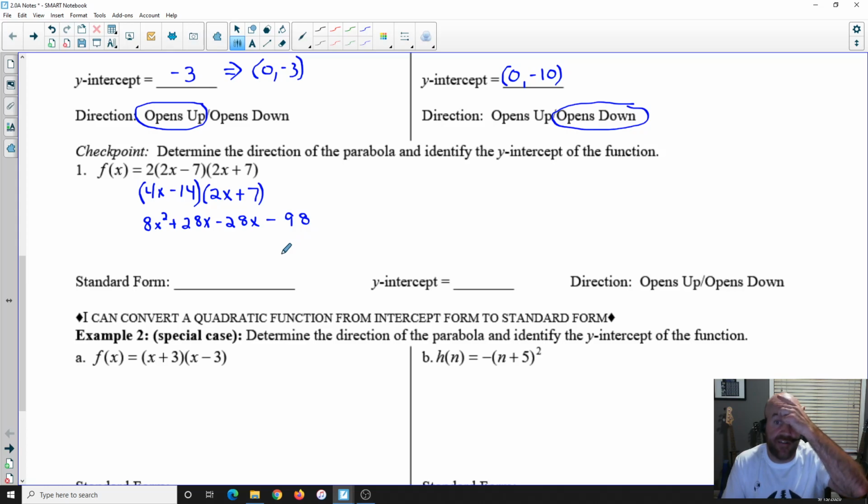Now if we simplify this down into standard form, we have a positive 8x squared. This 28x and negative 28x cancel, and then we have a minus 98. So the middle term dropped out. Now we can identify the y-intercept to be (0, -98), and the a value is positive, so that opens up.